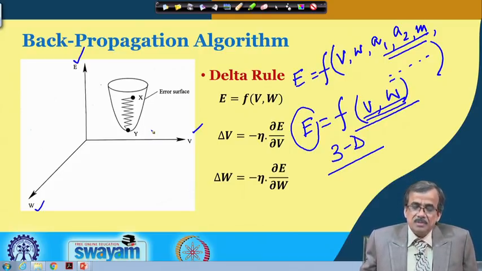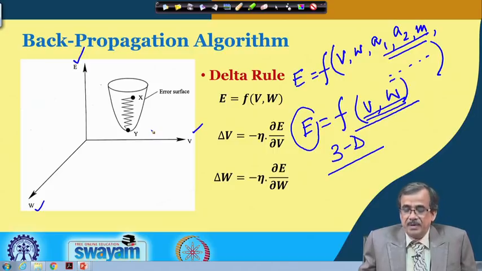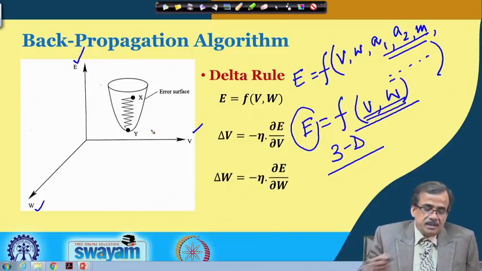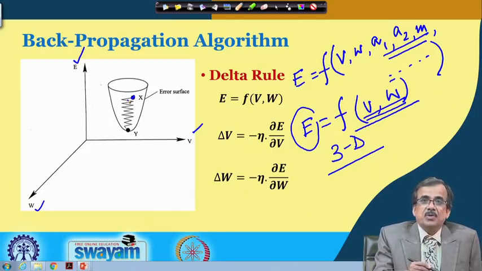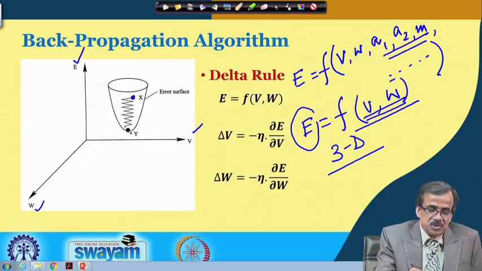Now, as I told you, we start with random values for V and W, and supposing that initially the error of the network is here, what is our aim? Our aim is to reach the minimum value of error, which is here.